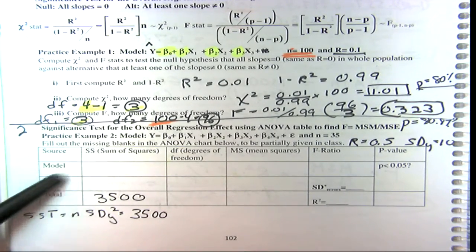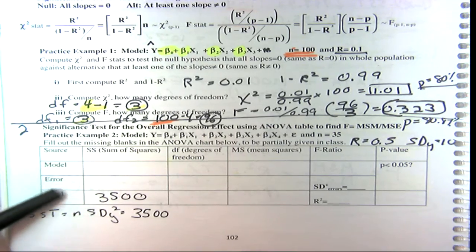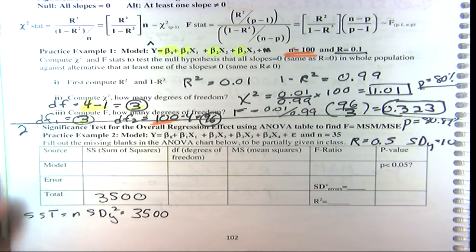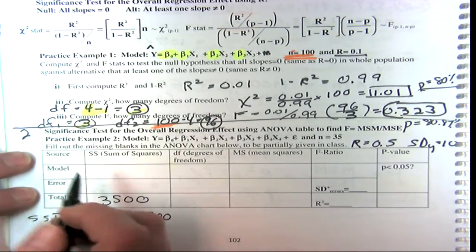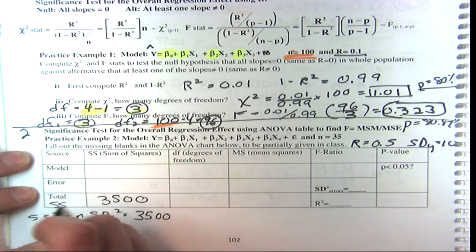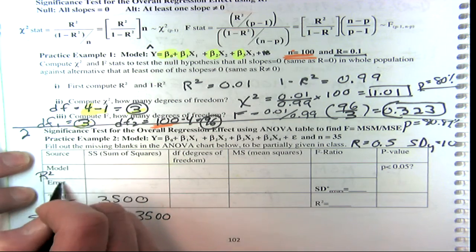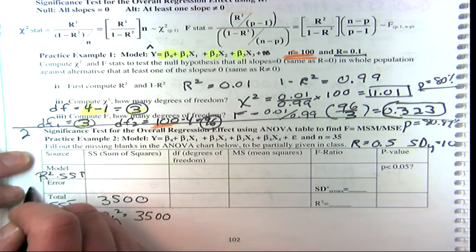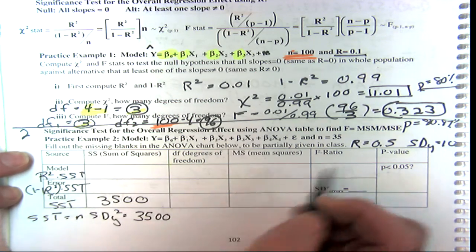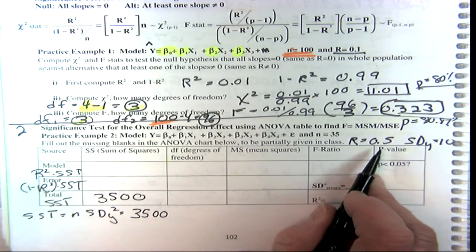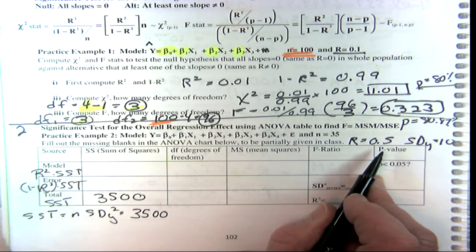And now we can split up this variation into 2 pieces. This is SST, right? One is going to be r squared times SST, and the other is 1 minus r squared times SST. So what's r? r is 0.5, so r squared is just 0.25.